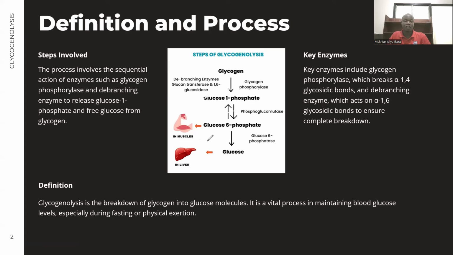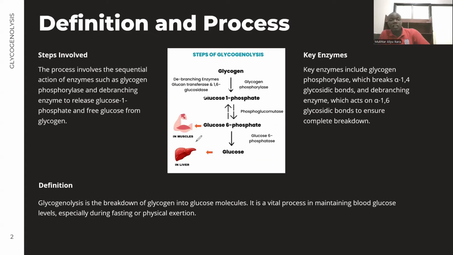Of course, this happens in the muscles. In the muscles, the glucose 1-phosphate is converted into glucose 6-phosphate using phosphoglucomutase, an enzyme that involves the change of position of a group from one position to another.